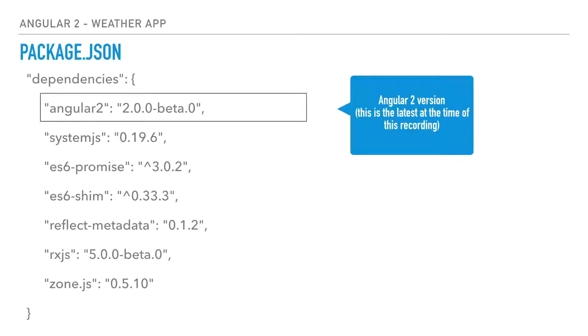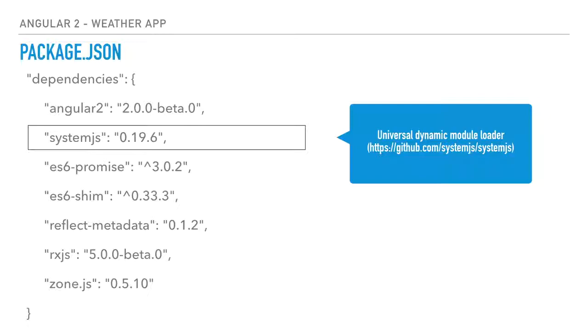About the dependencies that we specify in the package.json, obviously we need to specify Angular 2. In this case, when I started to do these video tutorials, it was beta 0. So far, in 1 week, we are in beta 7. And probably when you start coding, it's going to be beta or hopefully the final release.